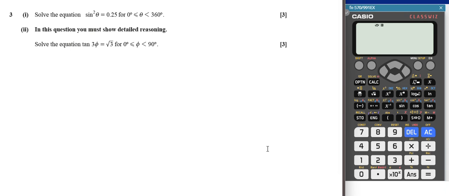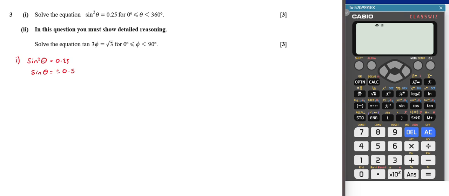So we have got sine squared theta equals 0.25, and we're going between 0 and 360. If sine squared theta is equal to 0.25, then the first thing we're going to do to get around this problem is we're going to square root it. So that means that sine theta is going to be plus or minus 0.5.